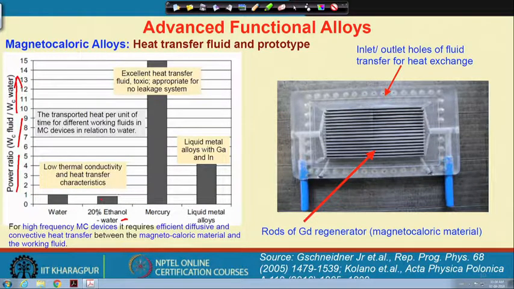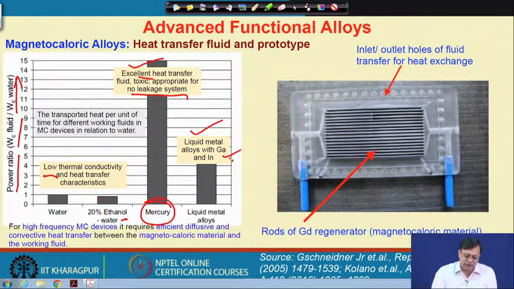The 20% ethanol and water have a relatively low thermal conductivity, but the excellent one would be mercury. Mercury is an excellent heat transfer fluid, but the problem is that it could be toxic, and an appropriate system is required so that there is no leakage. At the same time, a liquid metal alloy with gallium and indium can also be used to transport the heat, either in the cooling junction or in the heating junction.